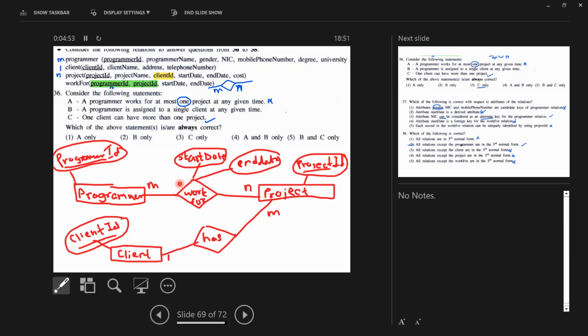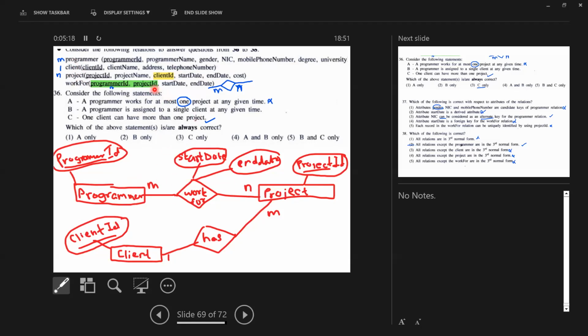A programmer works for at most one project at any given time. We can't say that for any given time. It should be many to many. Why? The relationship works for is also there between programmer and project. So with that, we have to assume that it's many to many.